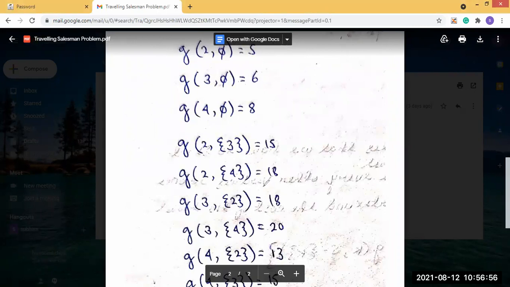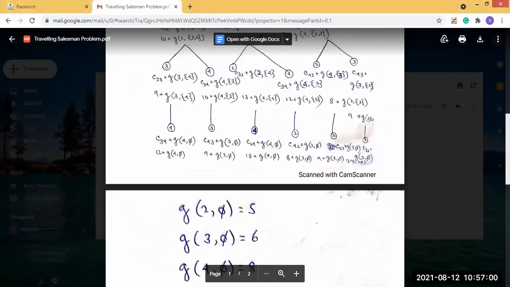Next we will see the values one by one. First, 3 to 4 we have already seen. Then the value of 4 to 3: it will be 9 plus 6, so 15.